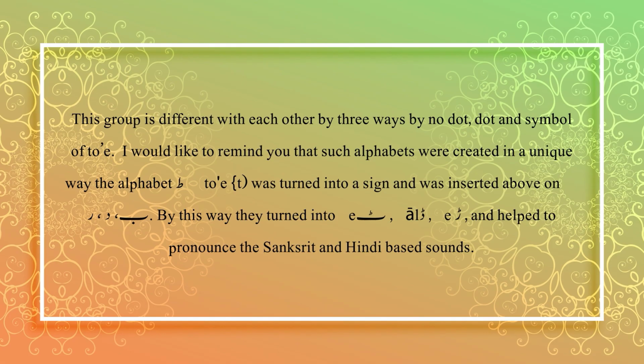When we inserted the symbol of toy in this Be and omitted the dot, it became Te. And inserted on Dal, which has no dot, the symbol of toy, it became Dal.